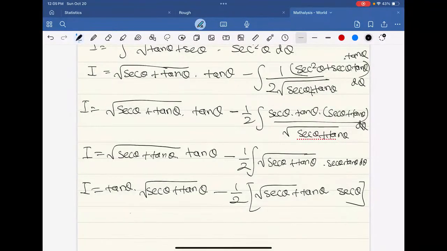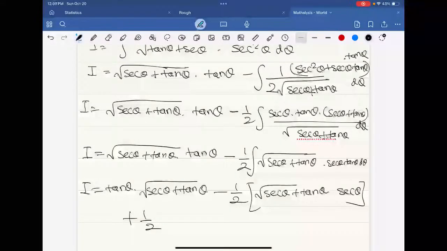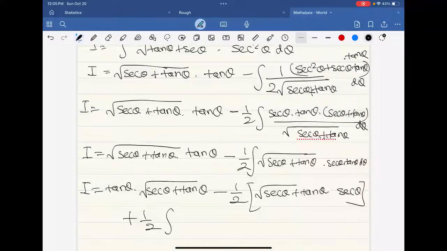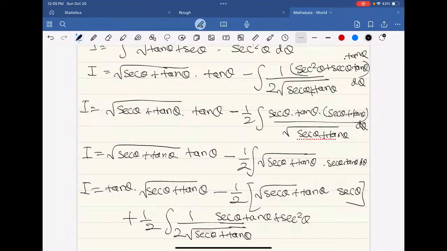After that we will have plus half, right, because the negative sign will be there, and the integral of, we will have again 1 by 2 root sec theta plus tan theta, and then its derivative will be sec theta tan theta plus sec square theta.